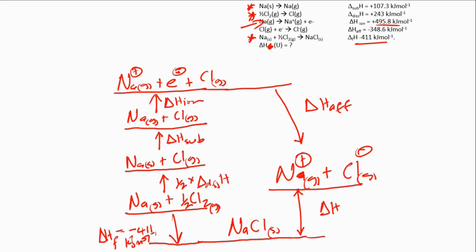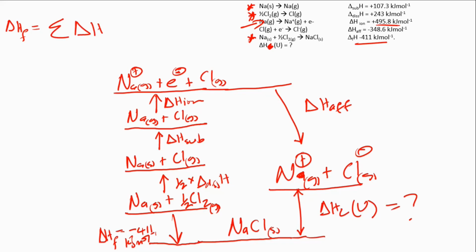Delta H lattice energy, L, or sometimes symbolized by U, is what we want to find. To find U, all you have to do is remember that the enthalpy change of formation is equal to the sum of all the other enthalpy changes.